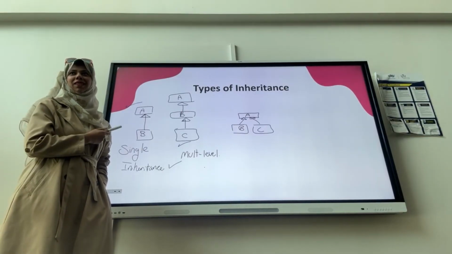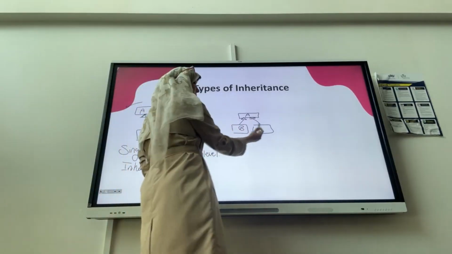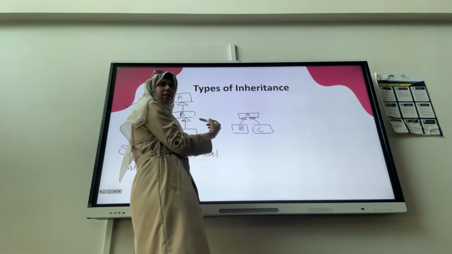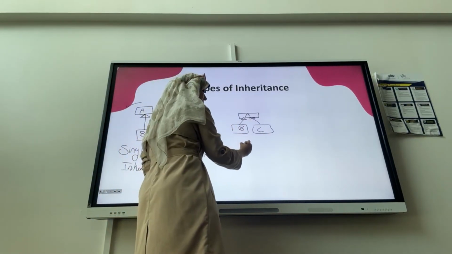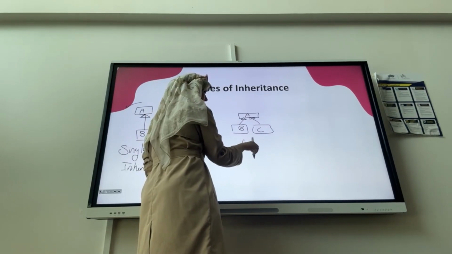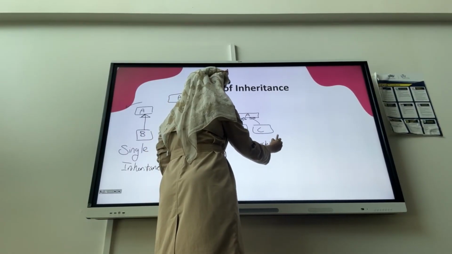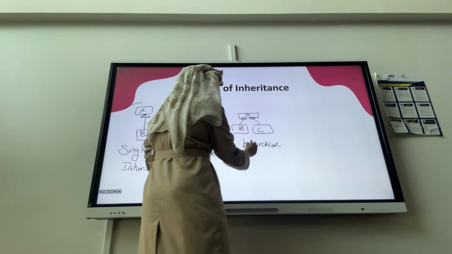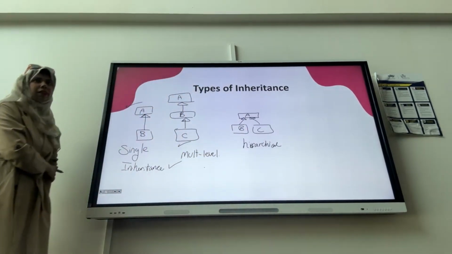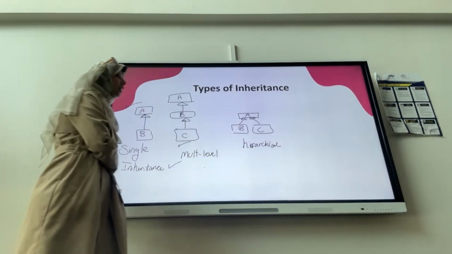Is it supported? No. Okay. So I can have 2 subclasses, 1 parent. Yes. We call this hierarchical. Right? So this is hierarchical. And this is again supported.